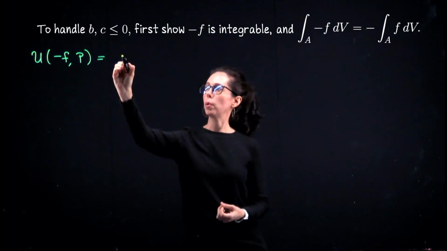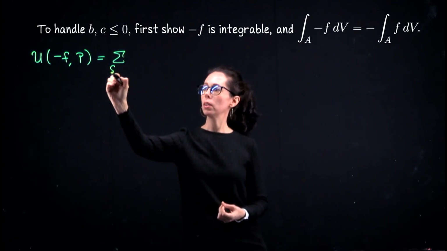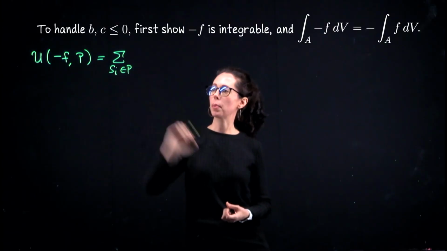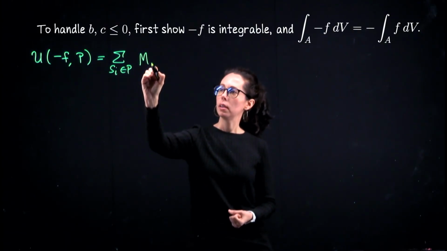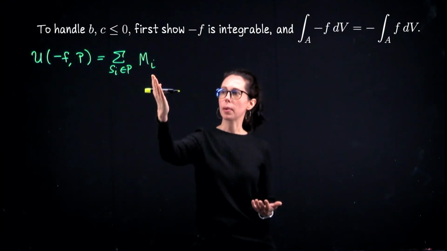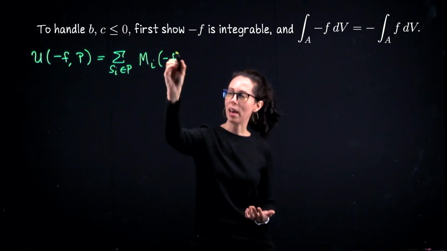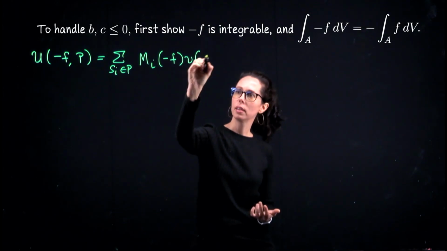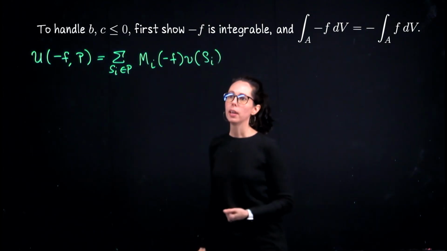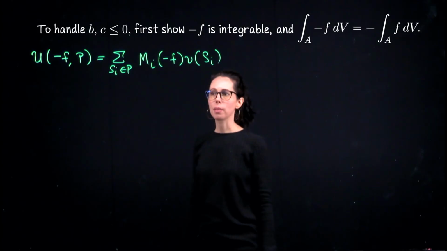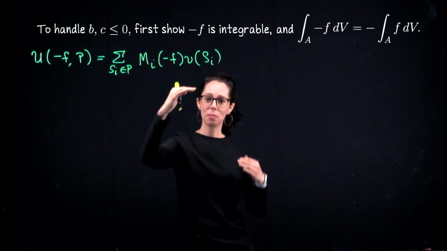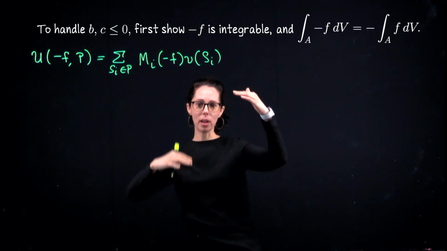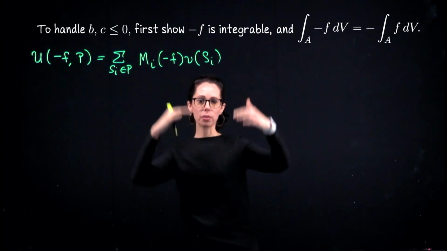In the usual way, what we will do is add up over all of the subrectangles defined by the partition the supremum over the relevant subrectangle of negative f times the volume of the subrectangle. Okay, so we compute this for each of the subrectangles and add them all up. Now I want to pull the scalar -1 out front, but when you take a function and you change it by -1, you flip highs to lows and lows to highs.